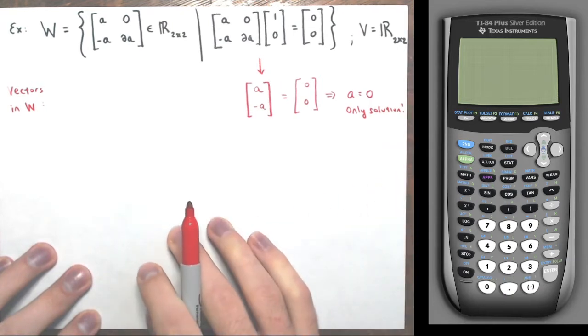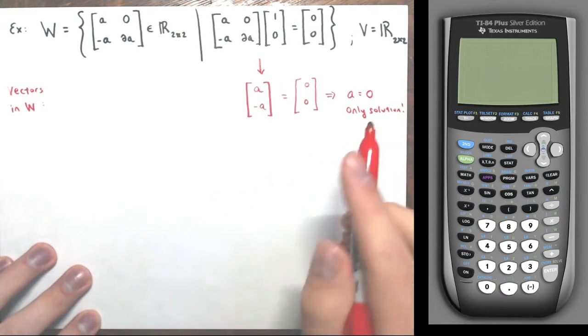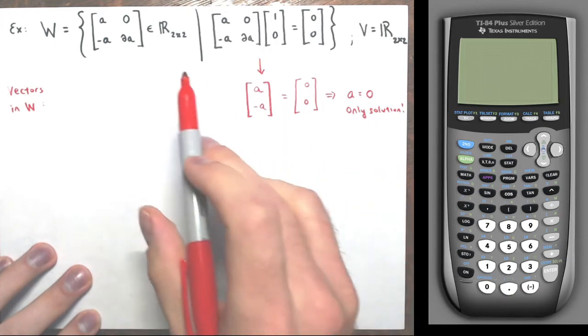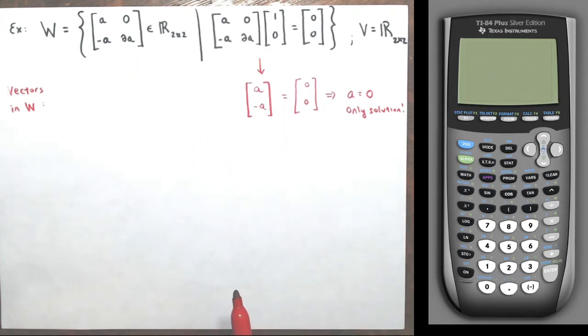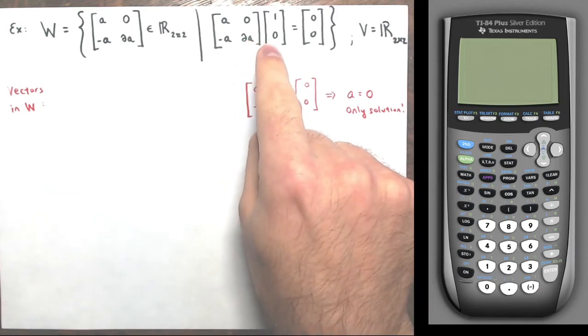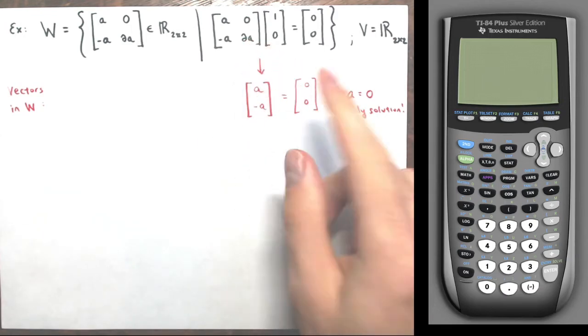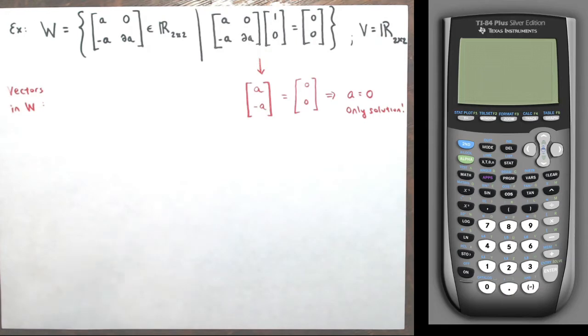Okay, so if the only value A can be is 0, then A is not free, like in the last example where you had some variables and they all represented free variables, right? They could be anything you wanted. If this condition has to be met, then the value of A can only be 0.